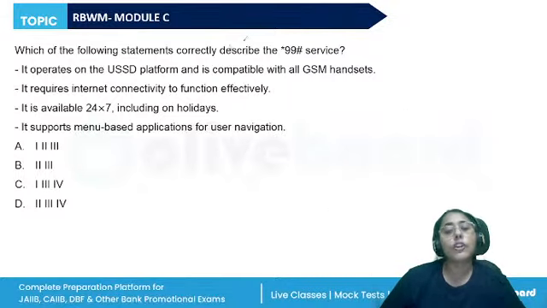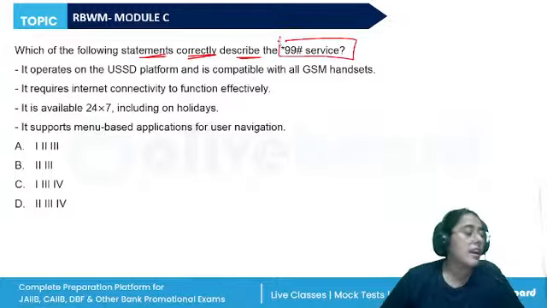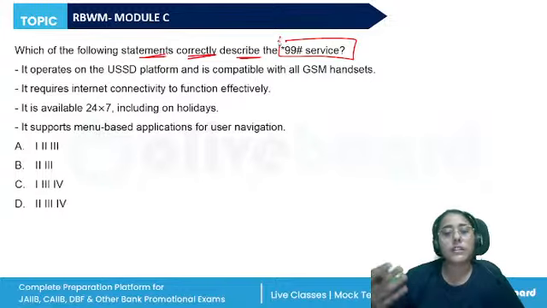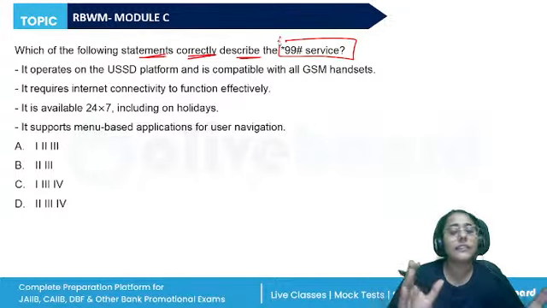Next, which of the following statements correctly describe the *99# service? All right. Now, UPI is an important feature. The Unified Payments Interface was launched by NPCI, right?